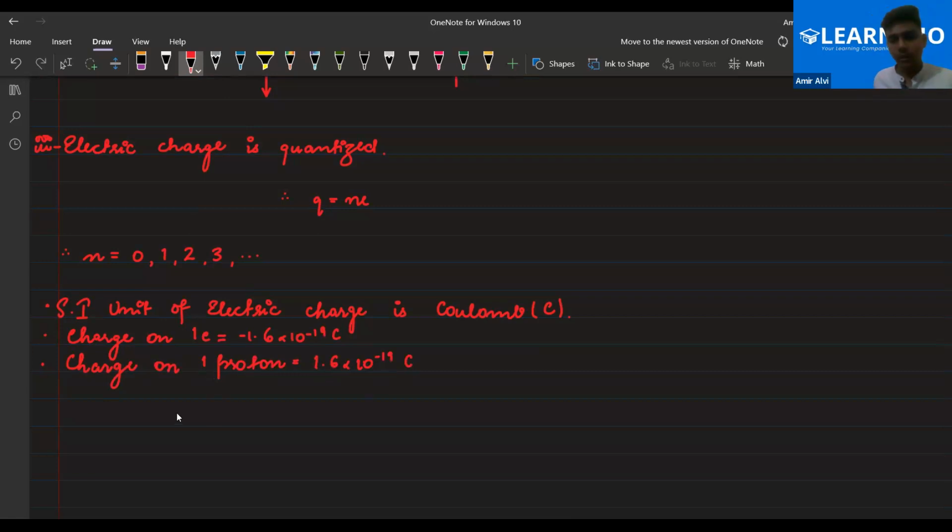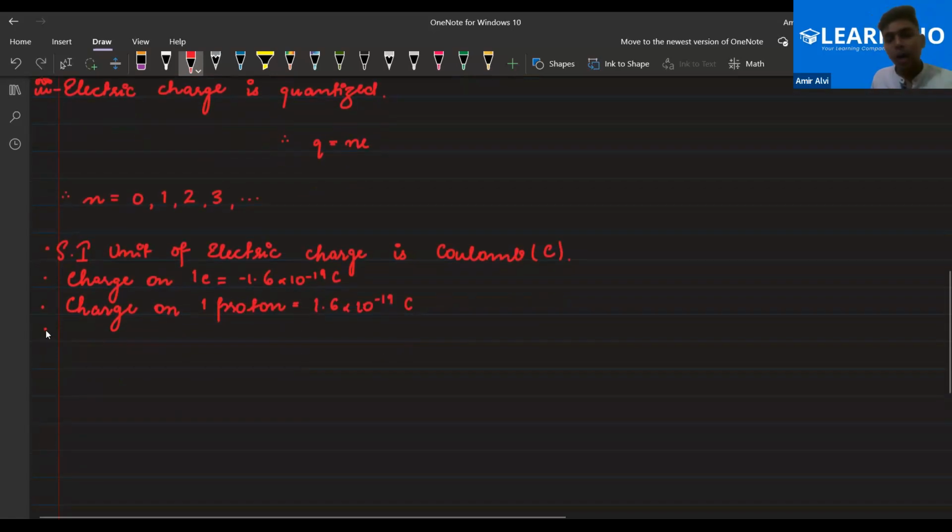Please do let me know. And let me tell you about the mass of the electron as well as the proton. The mass of electron is different and the mass of proton is different.